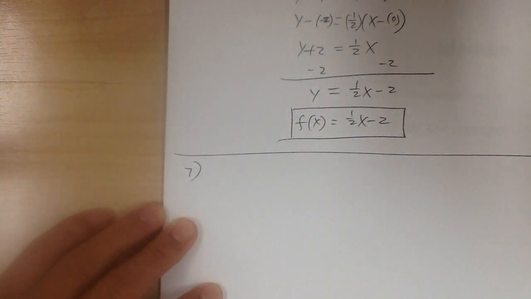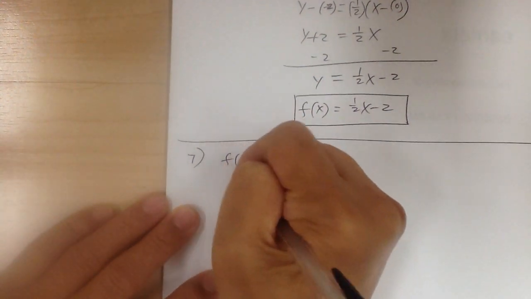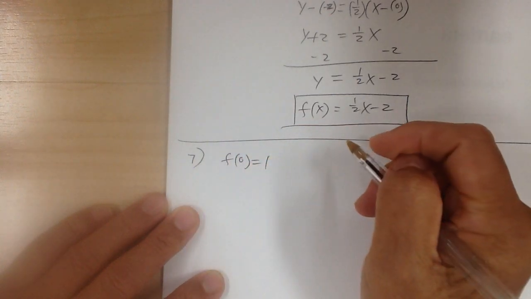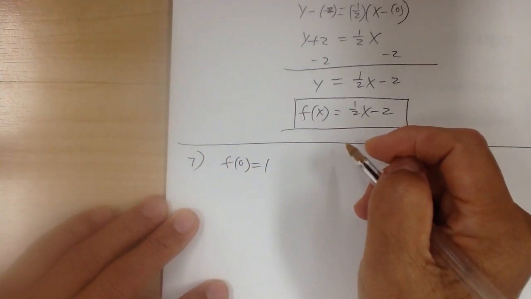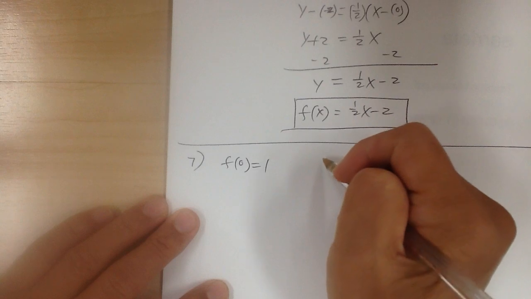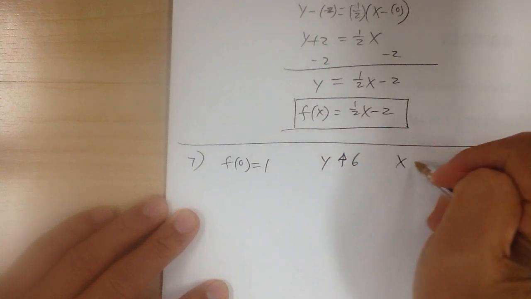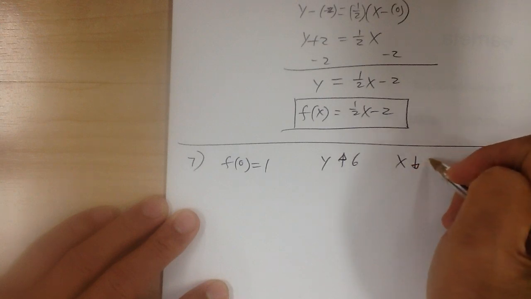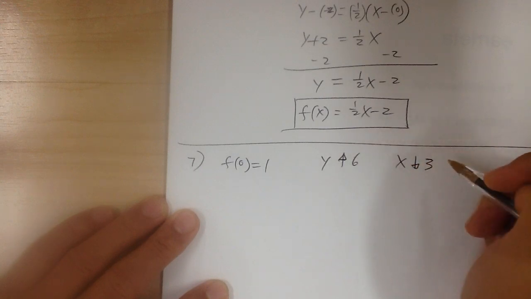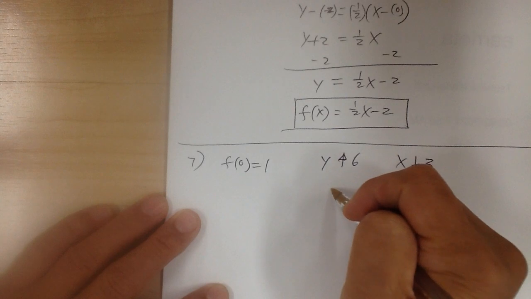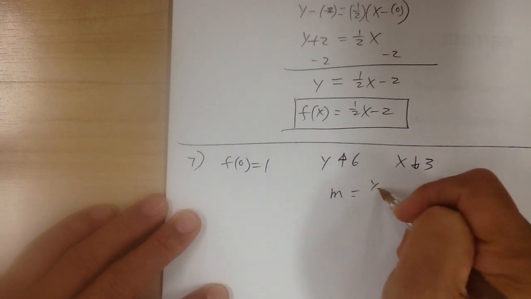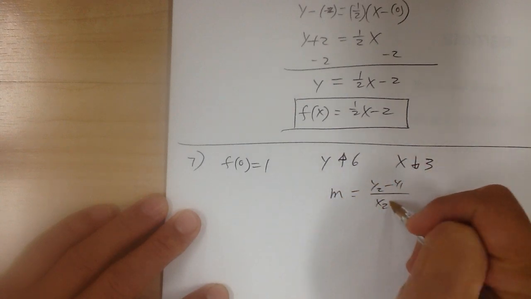Number 7: you have f of 0 equal to 1, and it says an increase of 6. F of x is y, so y goes up by 6 when x goes down by 3. Remember, slope is equal to y2 minus y1 over x2 minus x1.